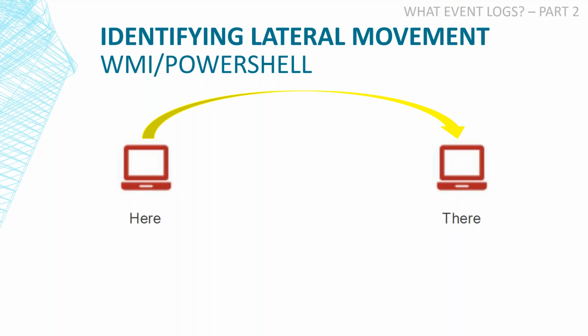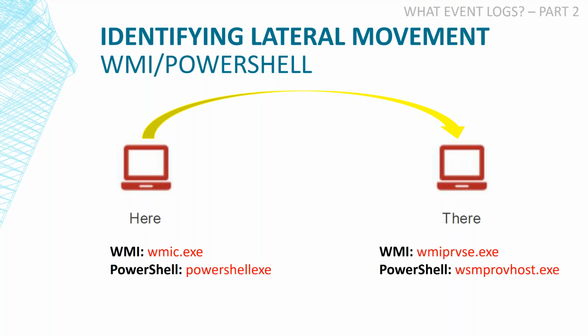But what I want you to take from this slide is, on my local system, I'm going to run WMIC or PowerShell.exe. Yes, there should be a dot in between that shell and exe. On my remote systems, very similar to PSExec or PAExec, I'm going to have different executables being dropped. Again, I could go to my evidence of execution and I could look for these happening. Remember, we're talking about remote specific operations.